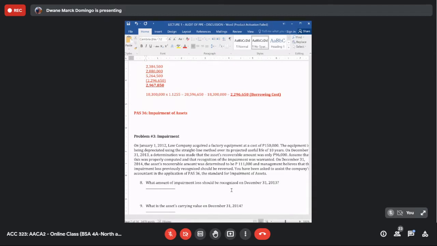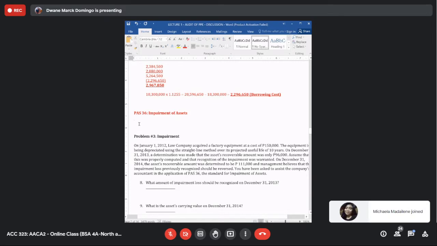So sige, impairment of assets, PAS 36. So kailan ba nangyayari yung impairment? Actually, may mga sinulat na ako, few notes in the board, pero i-type ko lang uli dito. So bakit tayo nagkakaroon ng impairment?